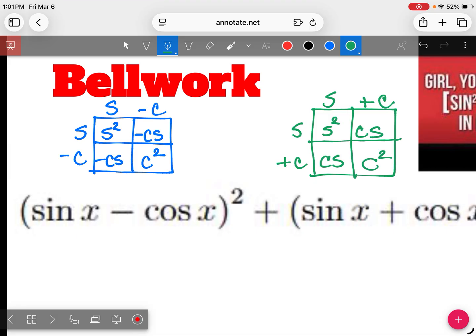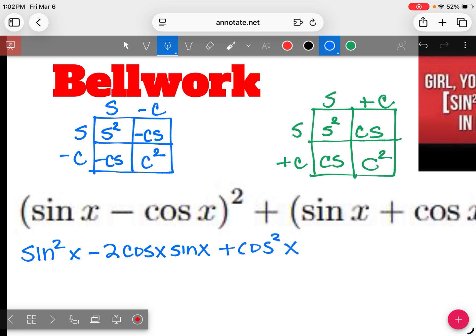Okay, so did you get what I got in my boxes? Is that what you got? So when I multiply this first one out, number one, these do not cancel because they're the same sign. So what I get from my first box is sine squared x minus 2 cosine sine plus a cosine squared.